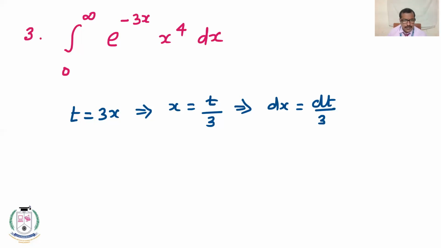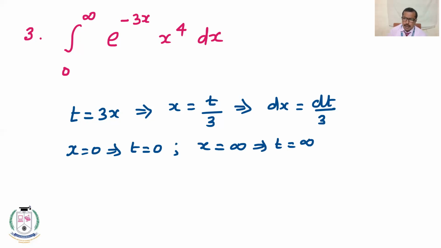As a result of this, the limit values may change, so we have to substitute and check whether they change or not. But here it remains the same: 0 to infinity is still 0 to infinity.